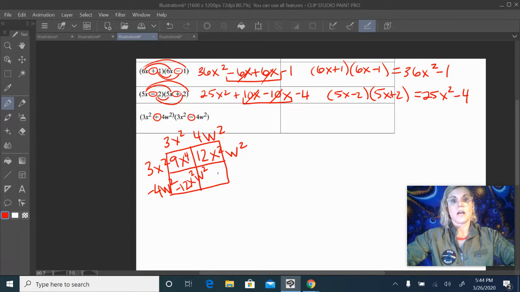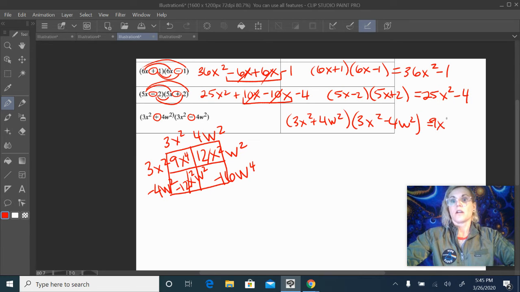Negative 4 times a positive 4 gives me negative 16, w to the power of 4. So I noticed that the diagonals, the like terms, are going to cancel. So I end up with 3x squared plus 4w squared times 3x squared minus 4w squared gives me 9x to the power of 4 minus 16w to the power of 4.